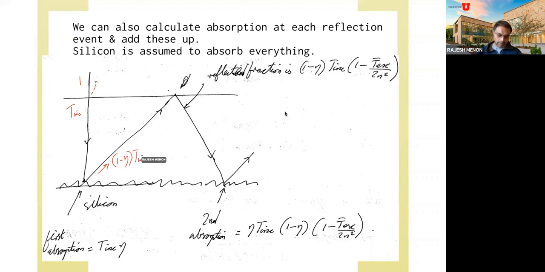We just talked about it because eta times T incident went in here and got absorbed by the solar cell, which is good. And here I will have another reflection event which has an escape probability defined at the critical angle now. Okay, now it's the critical angle. So if you remember, we talked about this before. We have a critical angle. How much light is reflected back is given by this expression.